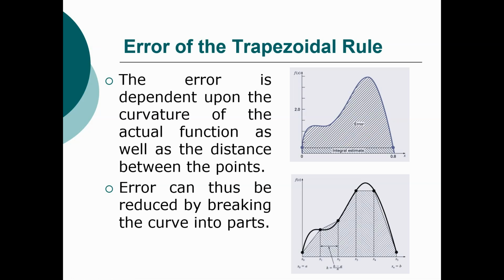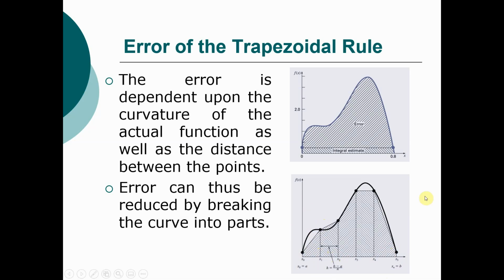So in order to reduce the error of the trapezoidal rule, we can decompose our interval into smaller intervals and apply the trapezoid rule for each smaller sub-interval. Here you see that our interval is broken into 6 smaller sub-intervals, and for each sub-interval we are applying the trapezoid rule.